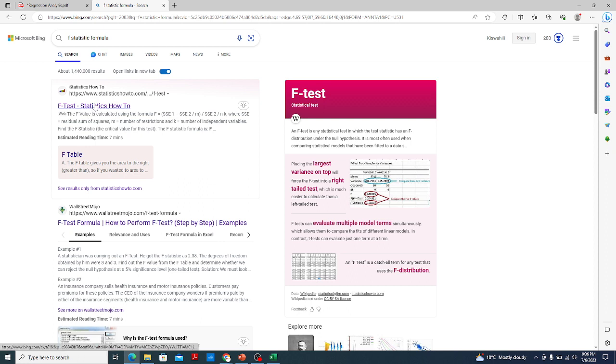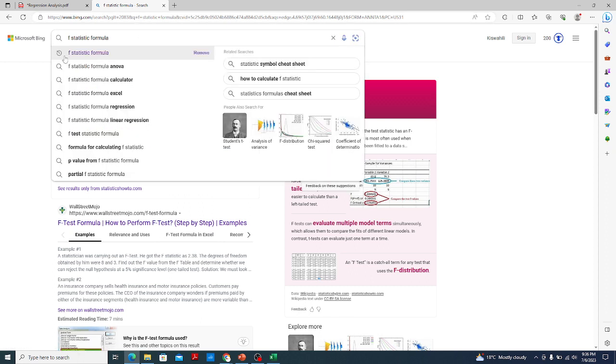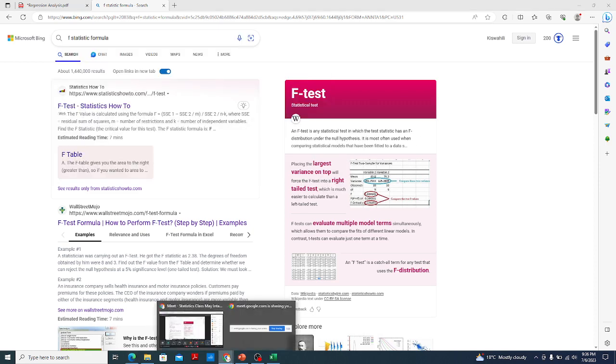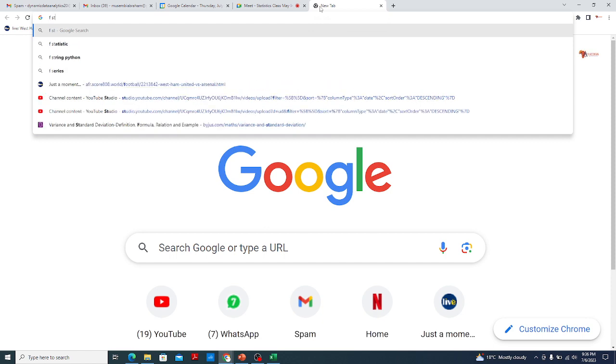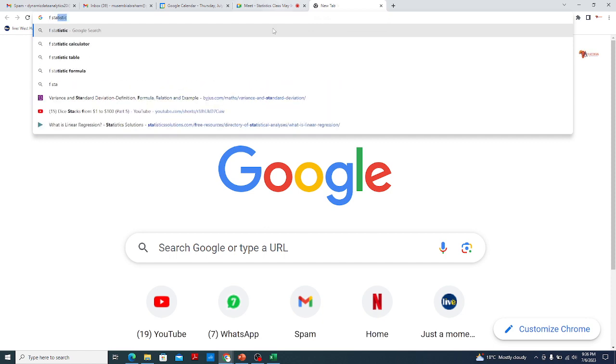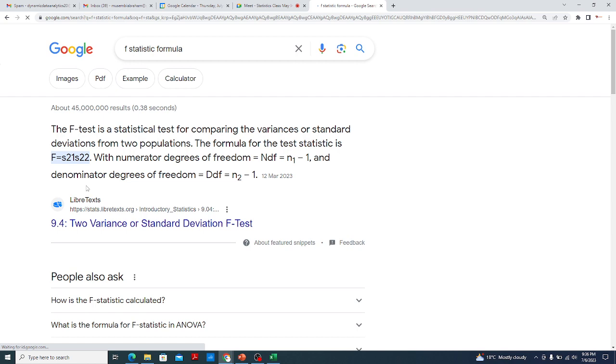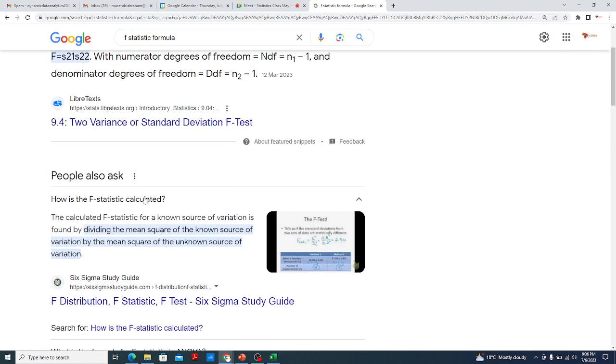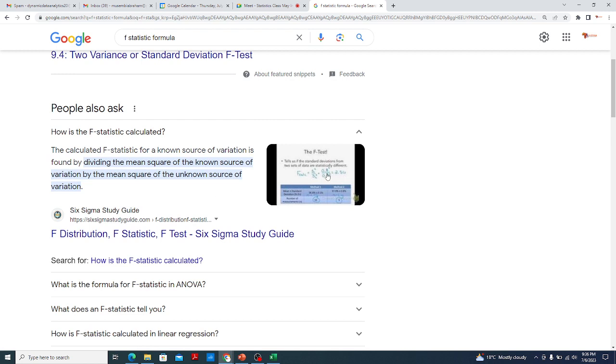Okay, I can just search it on there. F statistics formula. So this is the F statistics formula. There is a better formula.